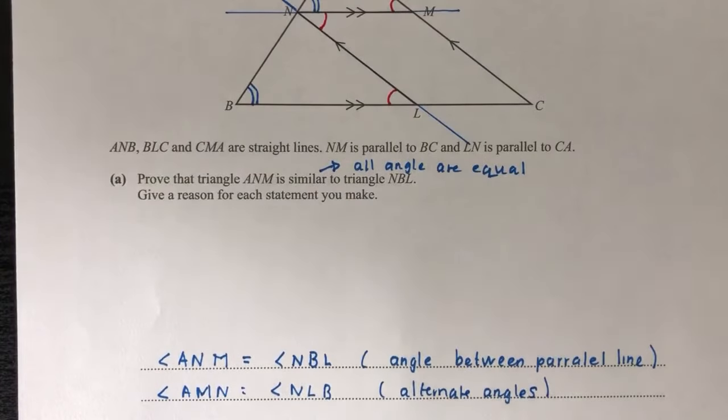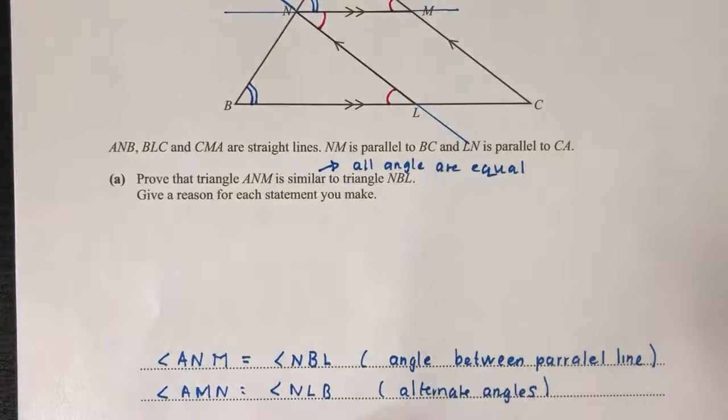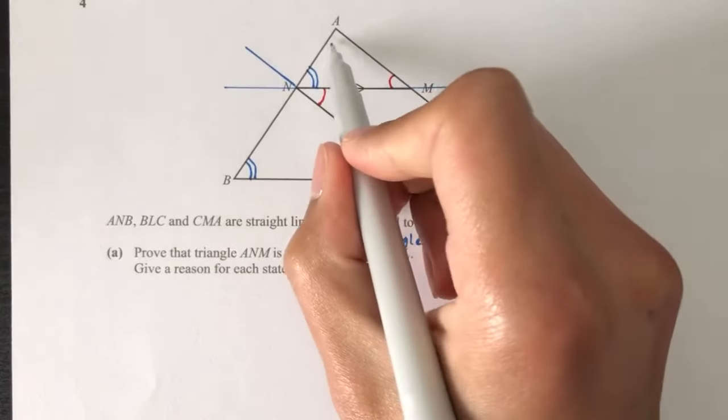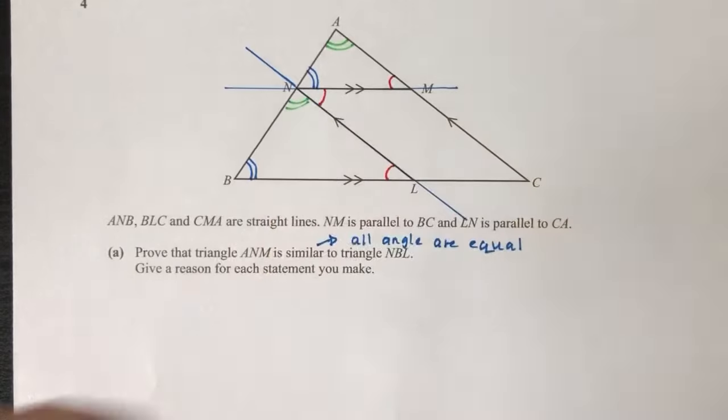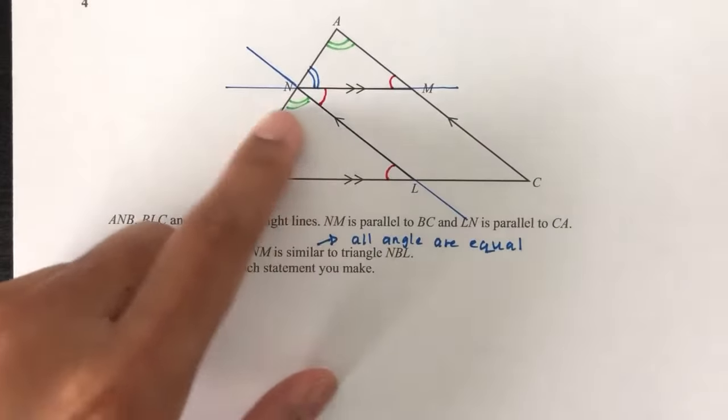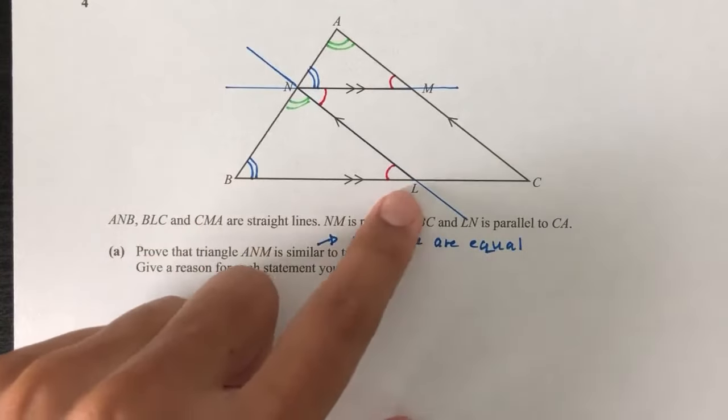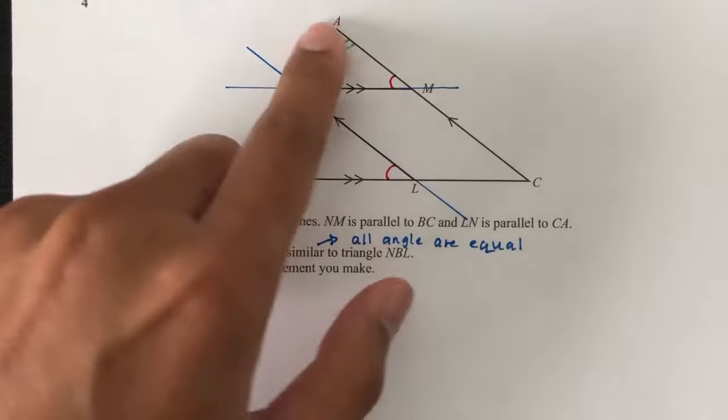And for the last one, this one is pretty obvious. This one here is the same as this one. Why is that? Because it is the third angle in a triangle. As we know, the sum of the angles is 180. So if you minus these 2, you'll have this one. Minus these 2, you'll have this one.